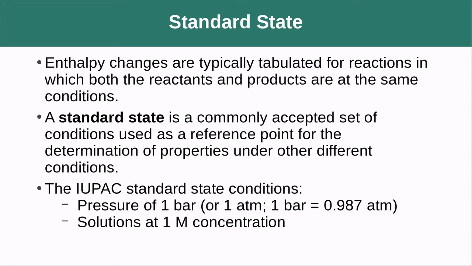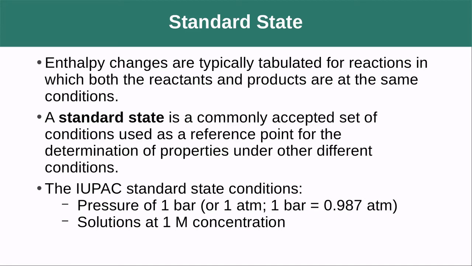What this basically allows us to do is start to collect data about the enthalpy values of different things under a certain set of conditions, because if we tried to just collect data under all conditions, it would just be too much. And it's really ultimately kind of unnecessary, and we'll start to see why that's true.